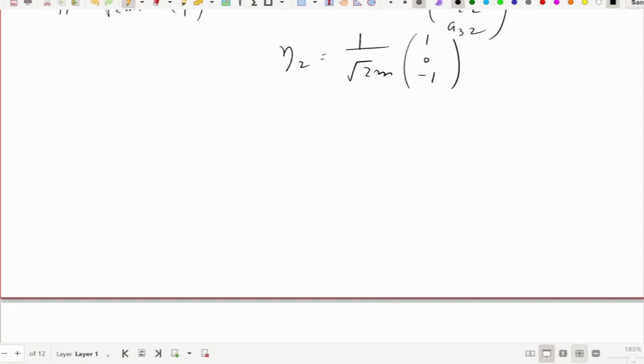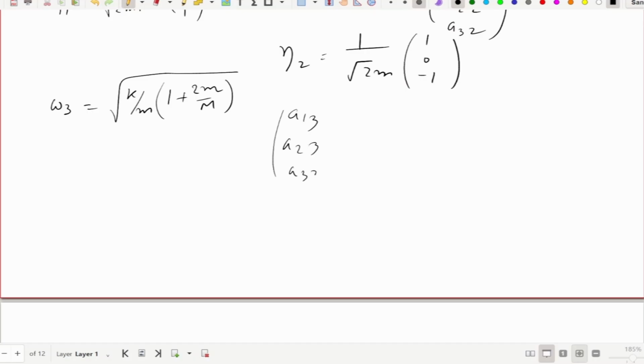Okay. So, for the third one we will have omega 3 will be root k by m times 1 plus 2m by M, this is the frequency. And what will be the normalized eigenvector? Following the same procedure, you will find the normalized eigenvector, the eigenvector coefficients will be A13, A23 and A33.